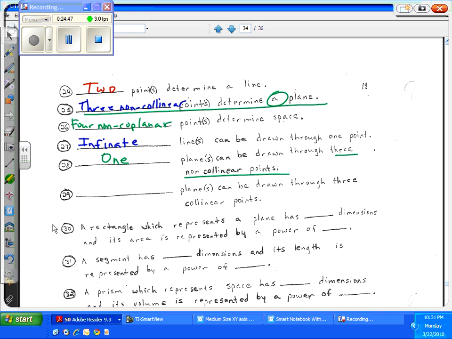It determines one plane. How many planes can be drawn through 3 collinear points? Well, a plane has not yet been determined if it's collinear, so an infinite number of planes. We'll just say infinite planes. It's more proper to say an infinite number of planes can be drawn through 3 collinear points. Any questions on that?